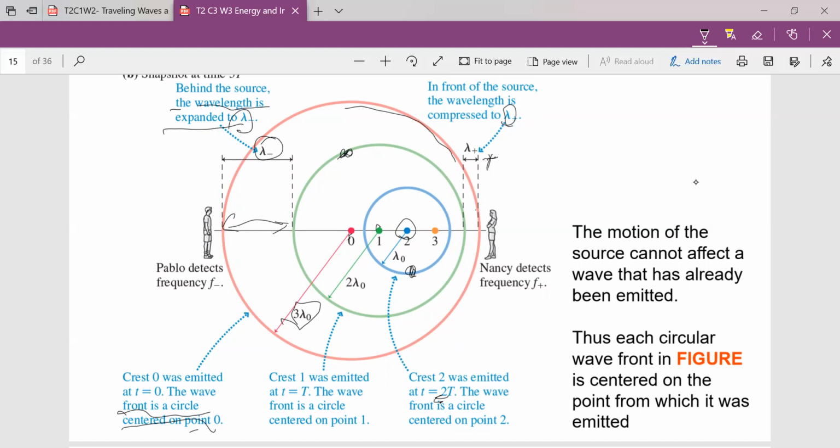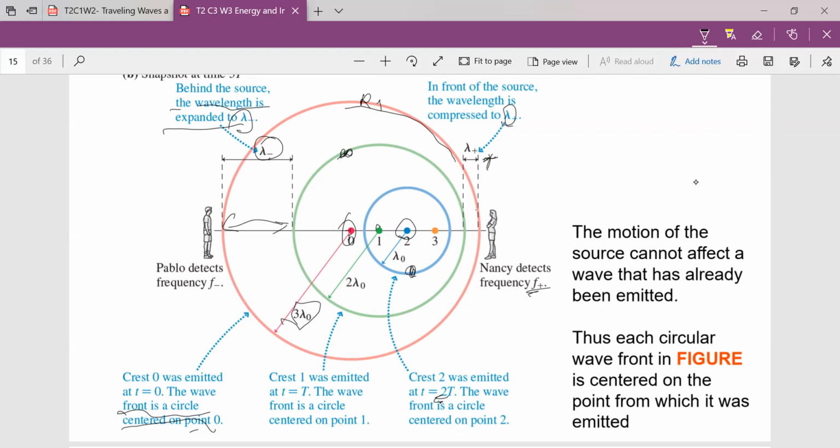Okay, so we notice that as it retreats from Pablo, the wavelengths are wider, and the frequency is also minus, just like the lambda is minus, but when it's approaching, it's plus, as the lambda is plus. The motion of the source cannot affect the wave that's already emitted. The wave is already emitted; if the source keeps moving, it's not going to affect this wave.